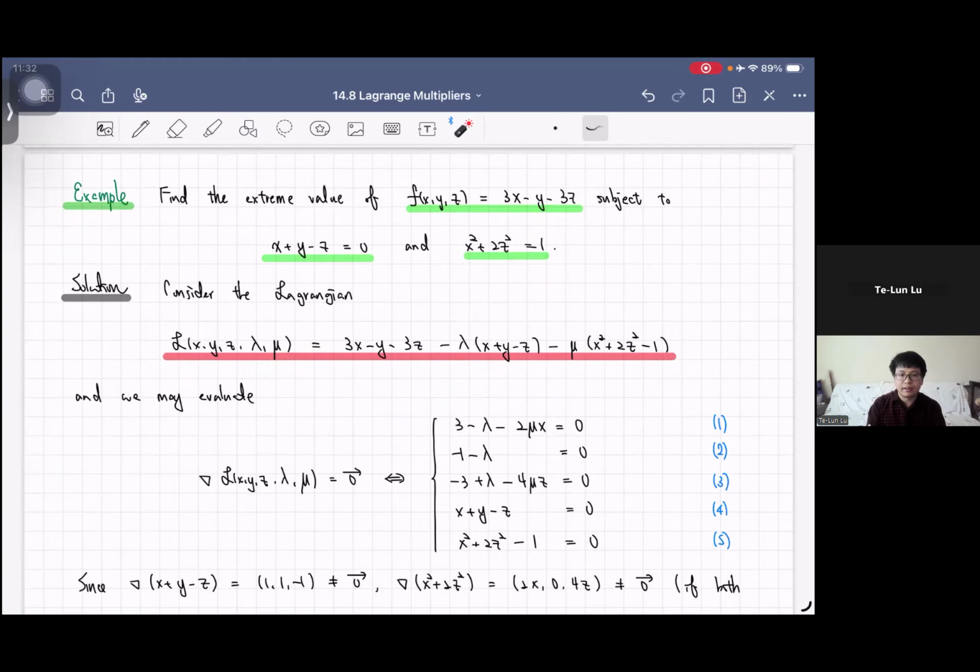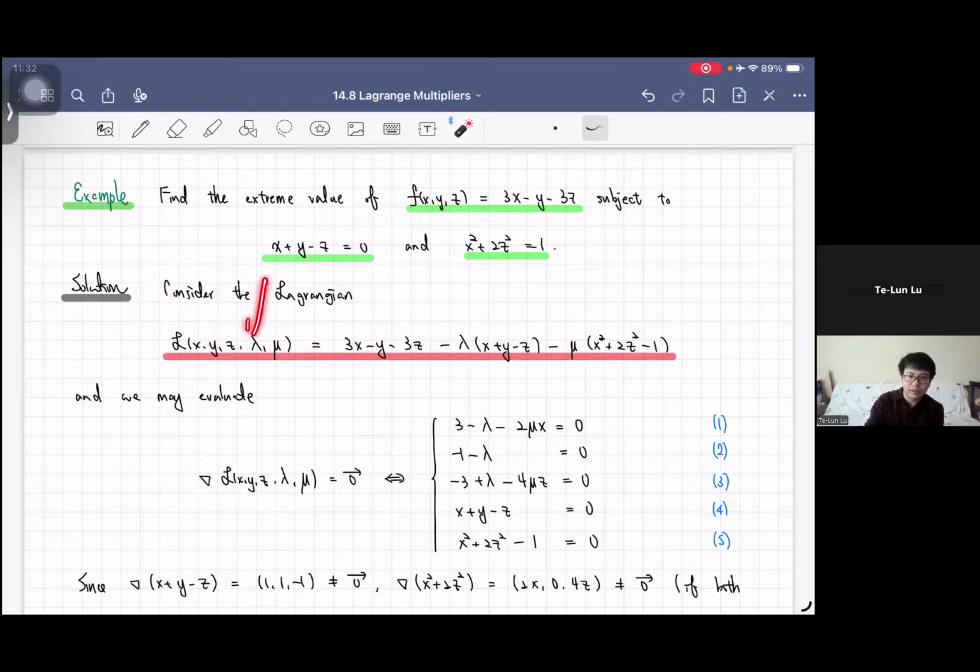In this case, it is a rather simple extreme problem. I want to maximize or minimize 3x minus y minus 3z on the constraints x plus y minus z equal to 0, and x squared plus 2z squared equals 1. The calculus afterward is pretty standard. We set up the Lagrangian L of x, y, z.